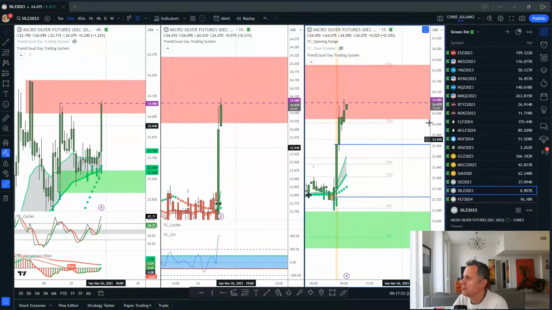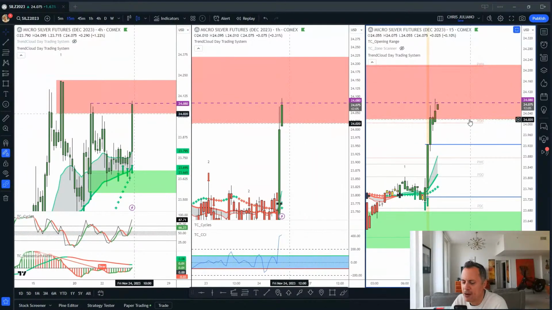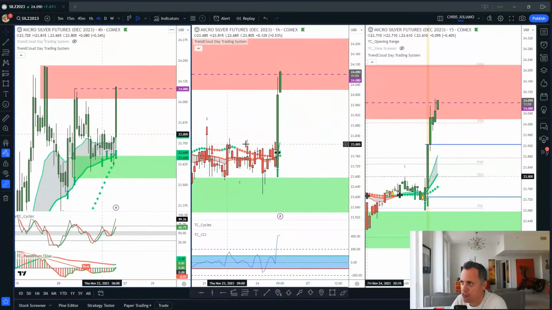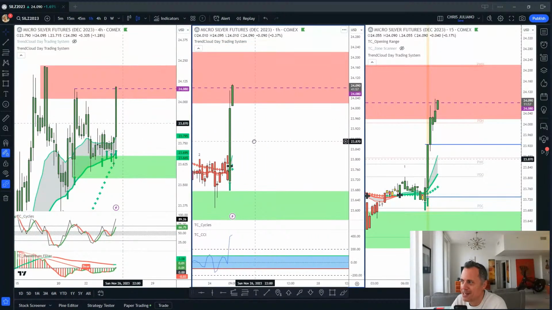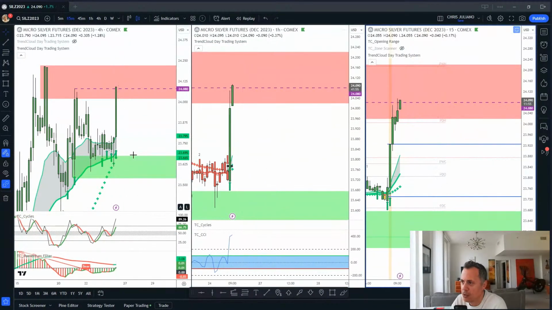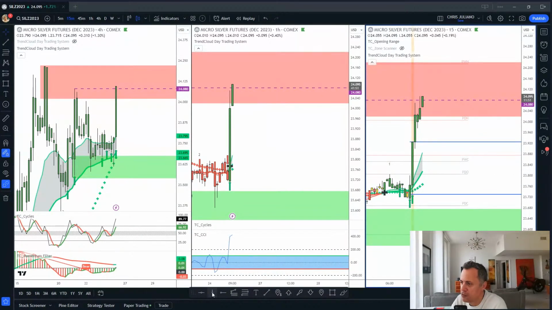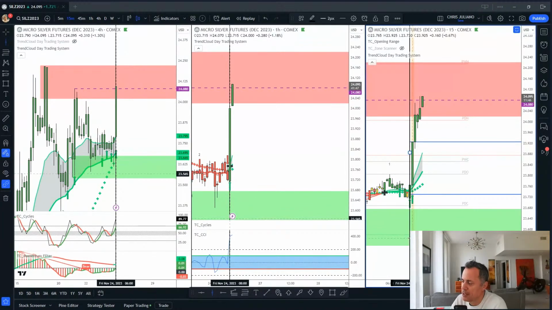If you're confused about where alignment is across all of your time frames on the TrendCloud system, all you do is grab a vertical axis line and drop it on top of one of those green arrows. Now read your chart.